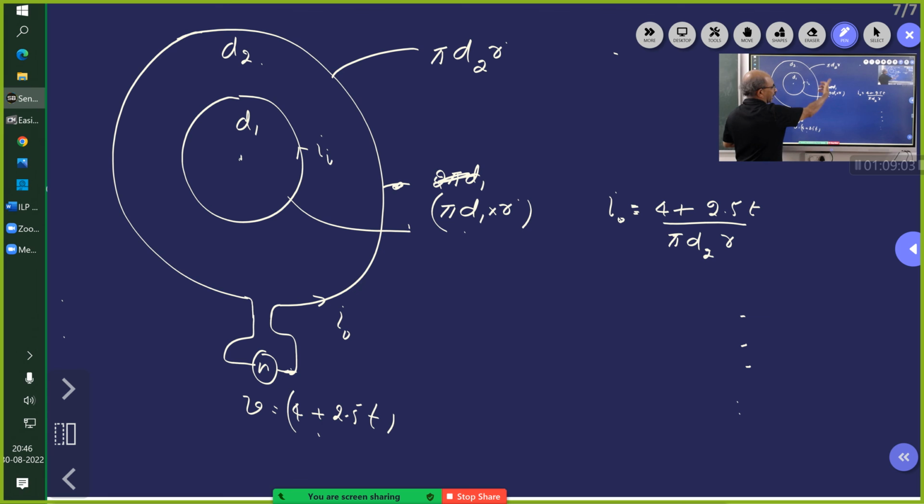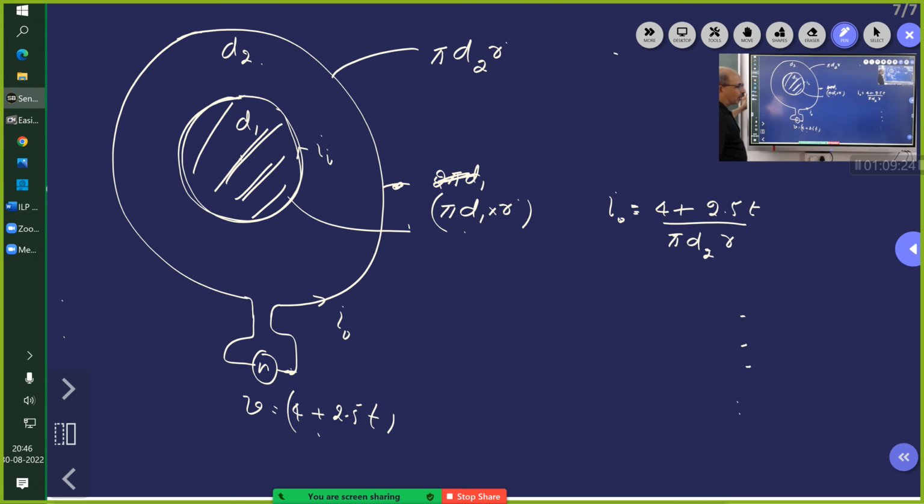See, the current is going like this. The magnetic field will be created within this loop. It will also be outside, but what we want is inside the loop. And what is the magnetic flux linking? What is the magnetic field that is changing within this loop? That is precisely what you do.